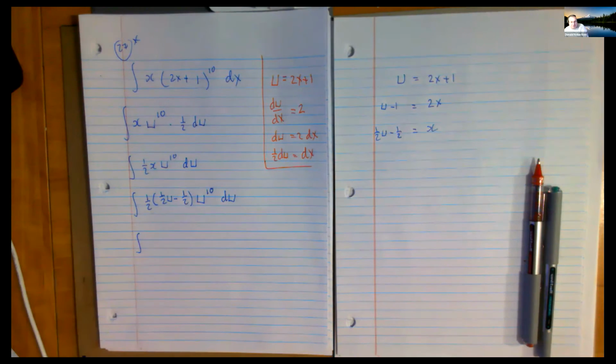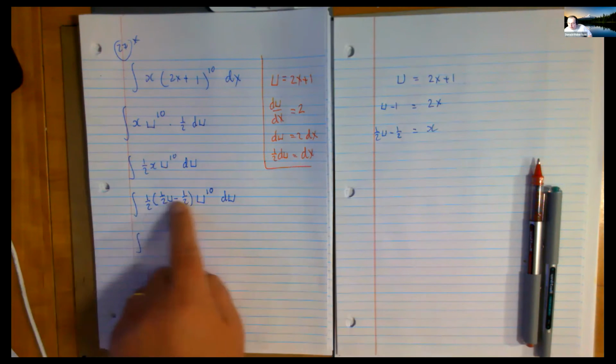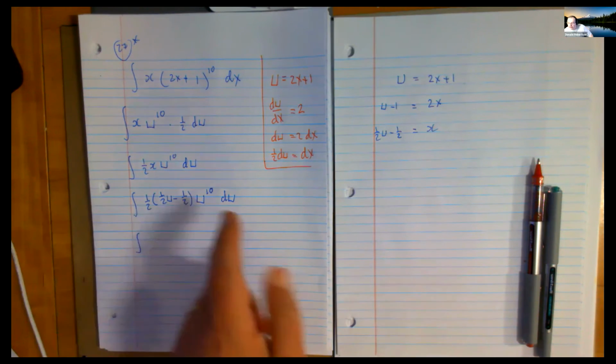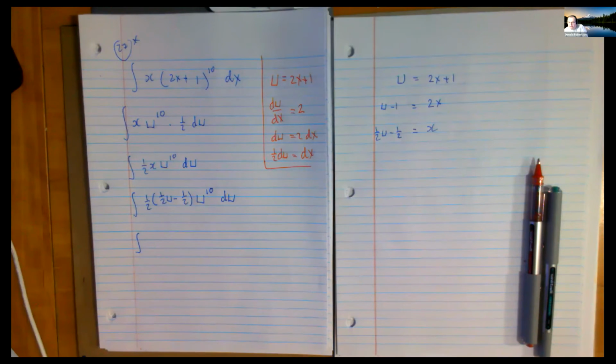Almost ready to integrate this thing. What do I need to do to this expression to get it ready so we can use the power rule? Can't leave it like that, right? I got to change it. What do I do to get it ready for the power rule? Distribute the u to the 10.